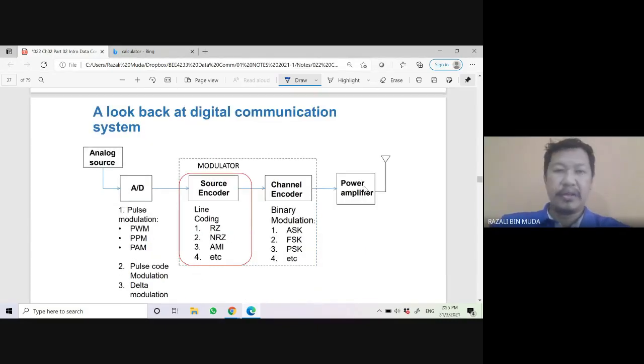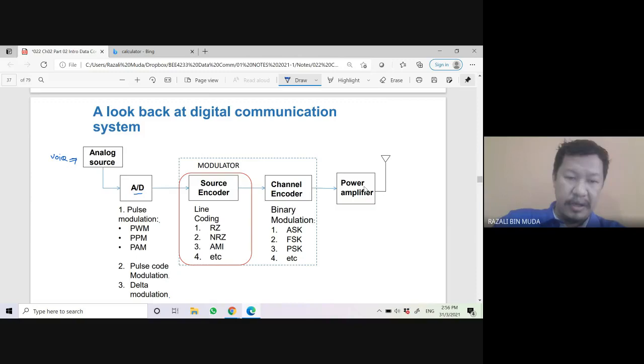Okay, look back into digital communication systems. We have an analog source, for example voice, or any other analog signal. From this analog signal, it goes into the A to D, analog to digital converter. To convert from analog to digital, we can use pulse code modulation and delta modulation.